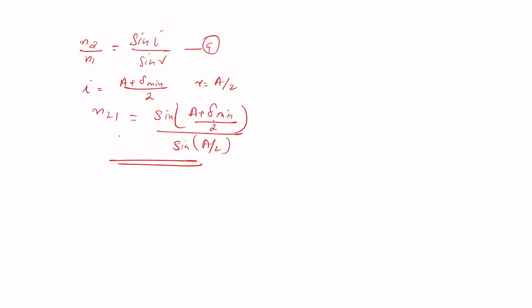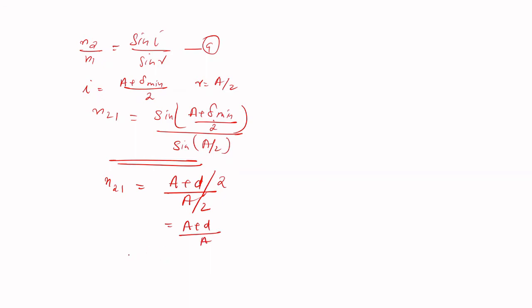Now, as a special case, if we are taking small angled prisms, we can use the small angle approximation, that is, we can avoid these sines. So n21 is equal to (A plus D) divided by A by 2, so (A plus D) by 2 by A by 2, which gives (A plus D) by A.